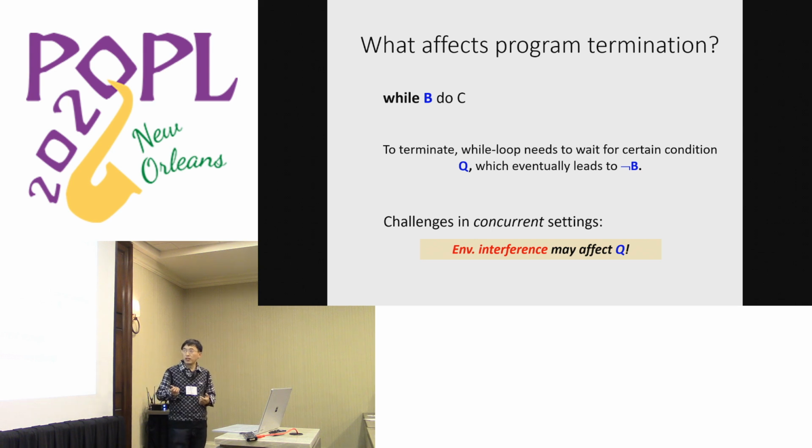By environment I mean the set of all threads in the system, so the behavior of the environment may affect the validity of Q. So when we think about Q, we have to think about the environment's behaviors.